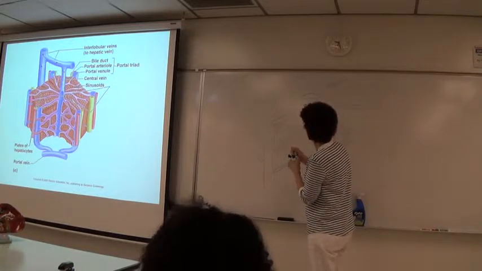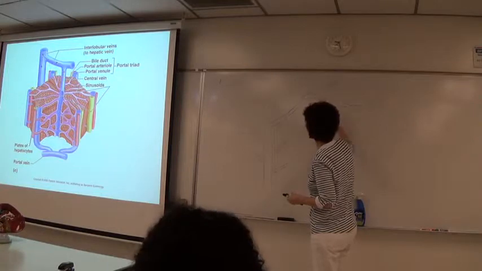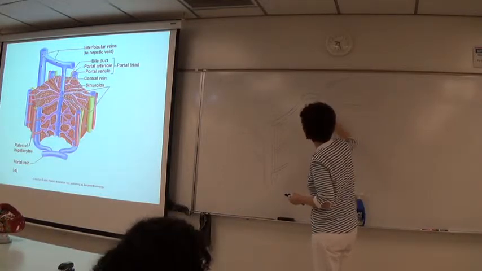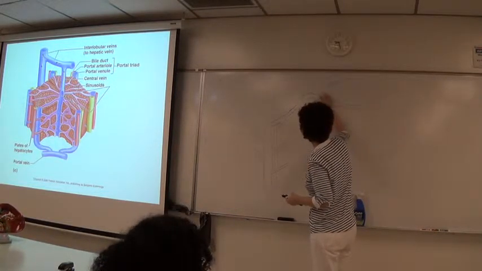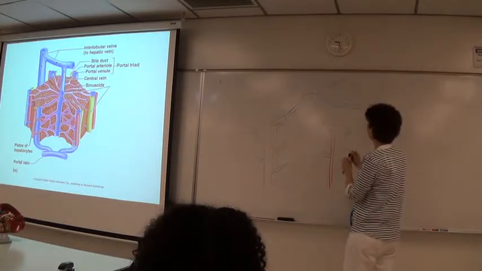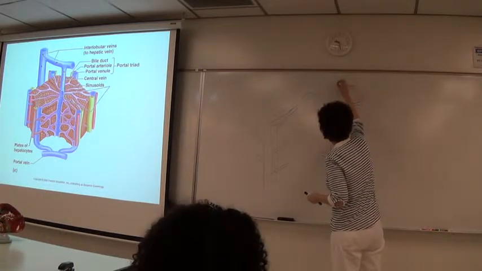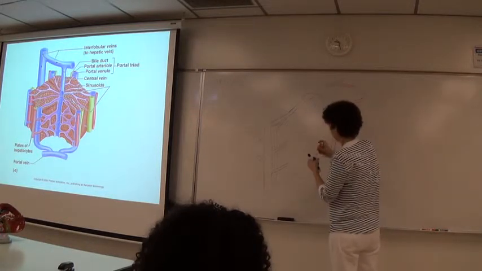But this blood flow then from all six sides flows towards the center, carrying both arterial blood and portal venous blood.